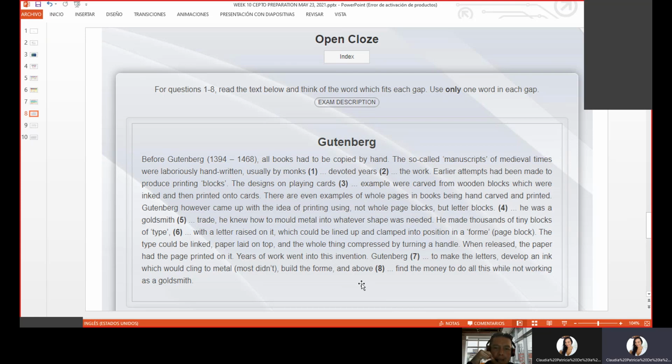Oh my God, I think I'm not concentrated today. How do you say sobre todo? Above all. There you go. That is the correct answer. Find the money to do all this while not working as a goldsmith.